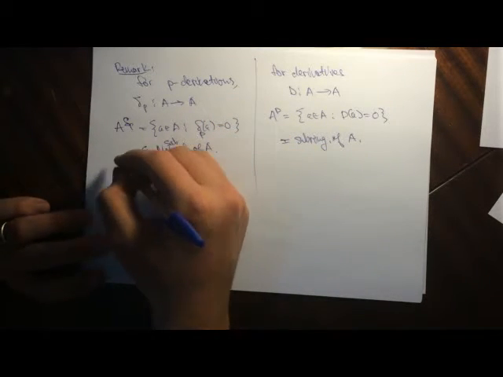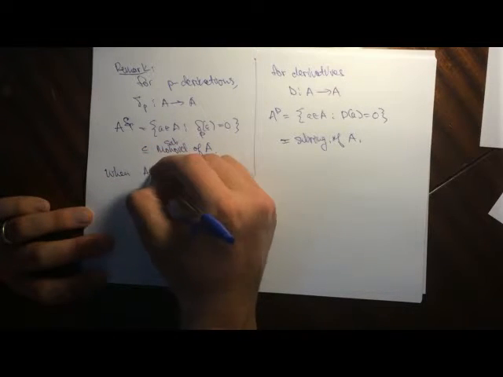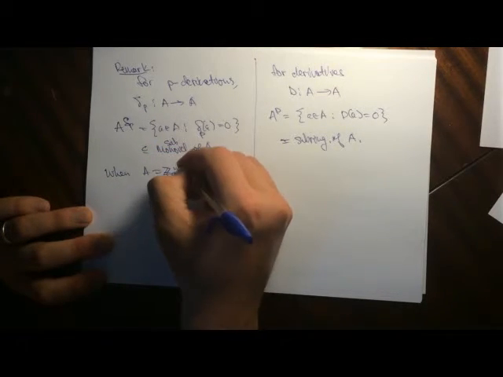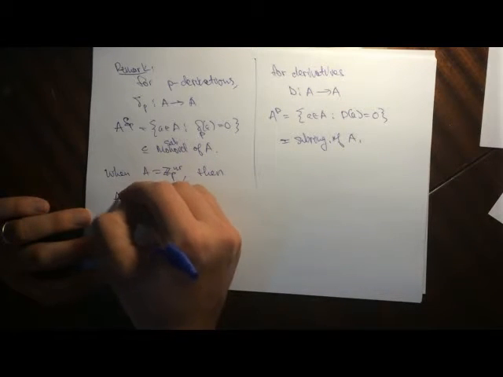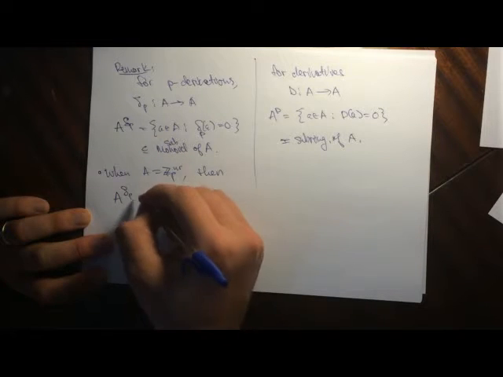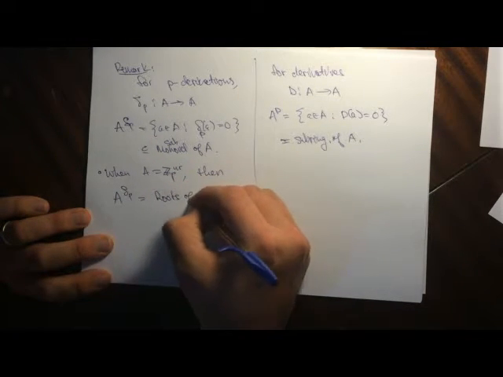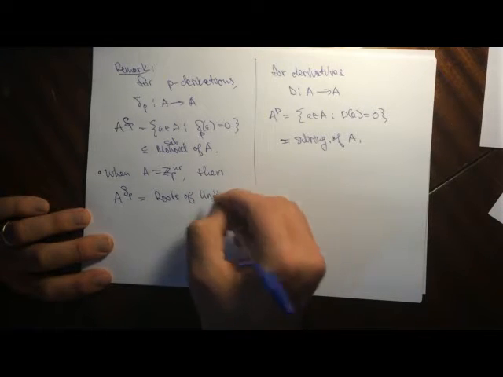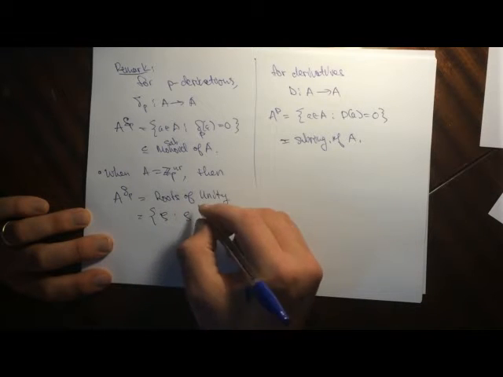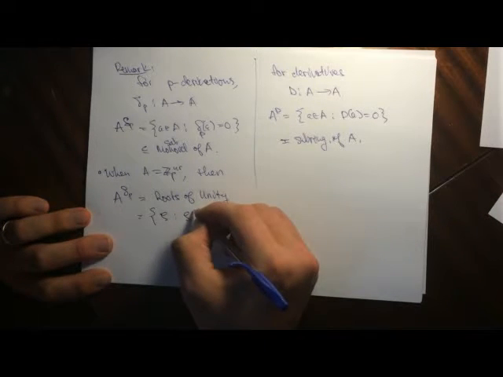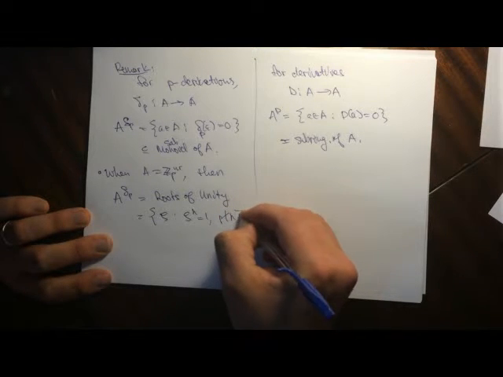Let me give you an example. In the previous example, when A is this Z_p unramified, the monoid is equal to the roots of unity, so zeta such that zeta to the n is equal to 1 for p not dividing n.